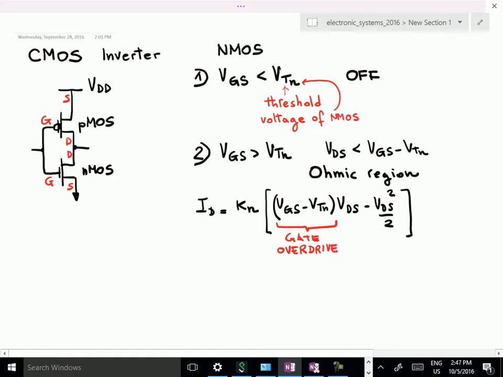This is called the ohmic region because the current is almost a linear function of the voltage between drain and source. The current which goes between drain and source is almost proportional to the voltage between drain and source.